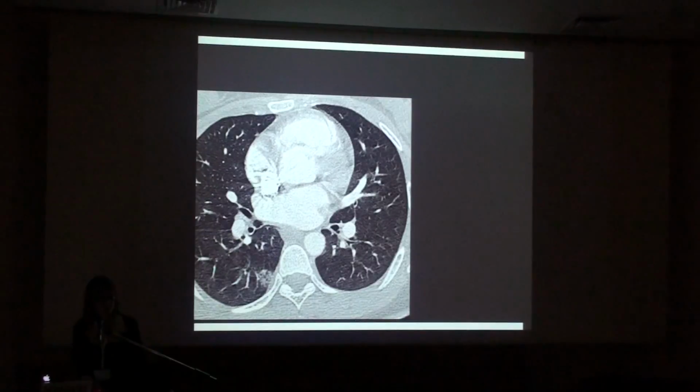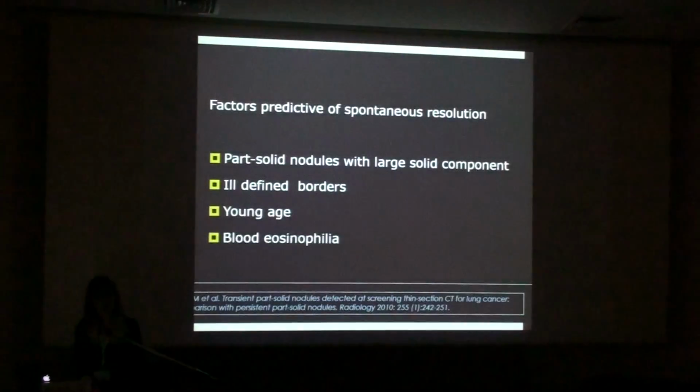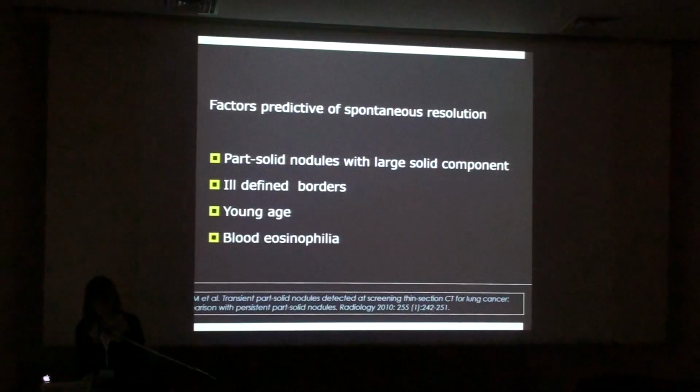Sometimes it's not necessary to worry about these images, because they will spontaneously resolve. That was the case here for this subsolid nodule. Under 3 months follow-up, nothing more. And so it's important to re-evaluate these subsolid nodules to see if they show spontaneous resolution.